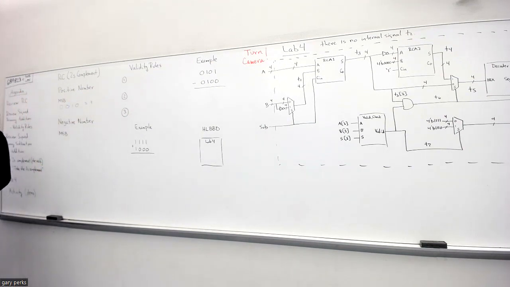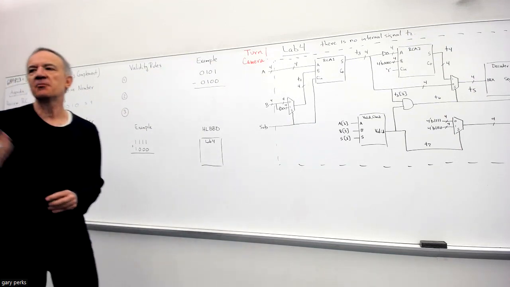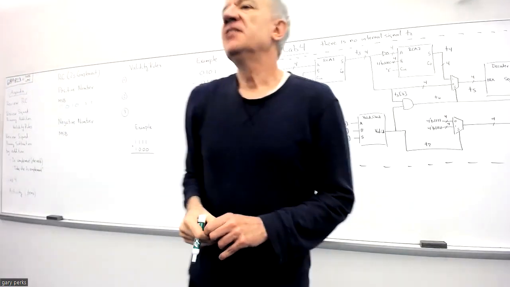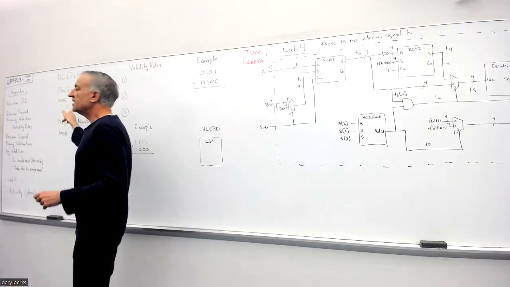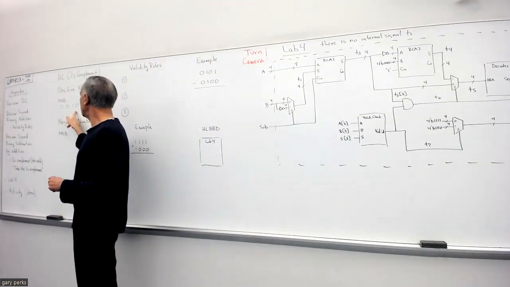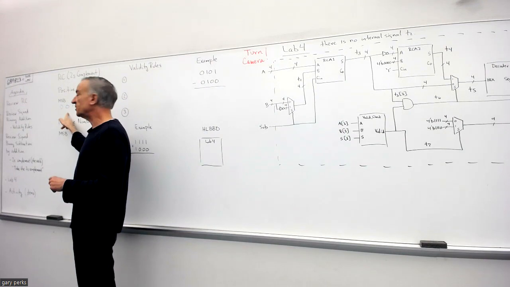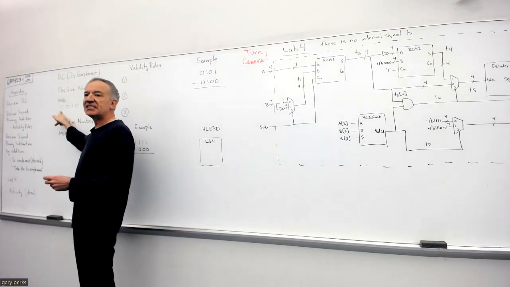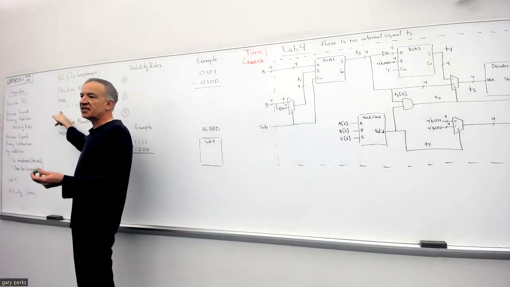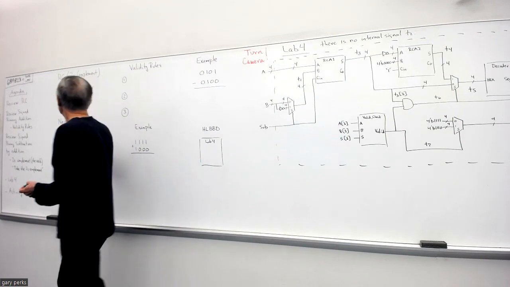We know it's positive, and then how do we get the magnitude? You just do it like an unsigned number. This is the 1's column, the 2's column, the 4's column. But again, the sign bit doesn't have numerical value. It just tells you the sign. So this would be +2.